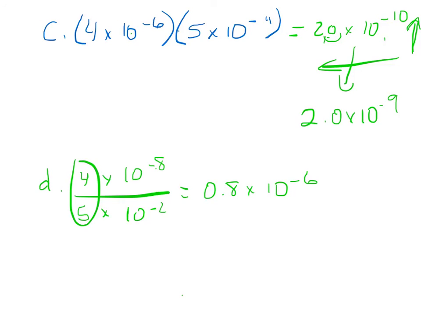I need to move it over to the other side of the 8. Move it one place, so this number needs to decrease. So 8.0 times 10 to the negative 7th. Even though you might say, hang on, shouldn't that be a negative 5? This negative 6 shouldn't become negative 5? Nope, it decreases, and because we're in the negatives, to decrease a negative, we've got it farther away from 0. Negative 7 is farther away from 0 than negative 6.